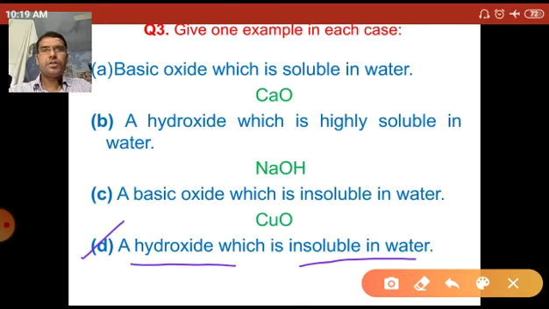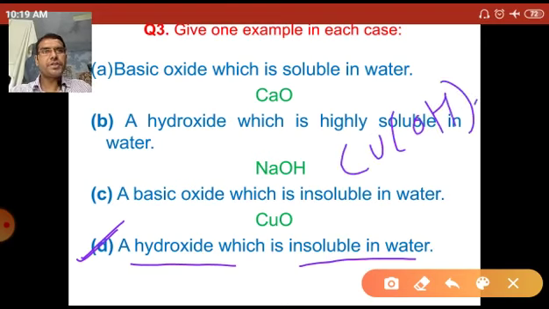Now the next question, D: a hydroxide which is insoluble in water. This question also indicates which basic hydroxide is insoluble in water. Generally you know that copper hydroxide is a base and it is not soluble in water.